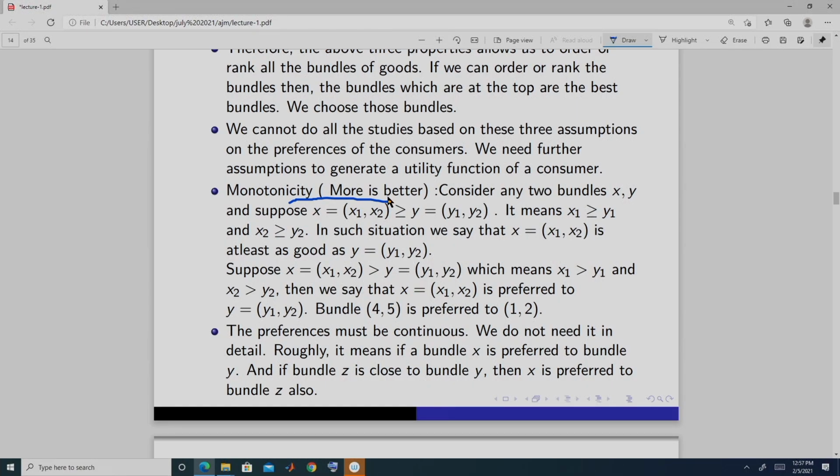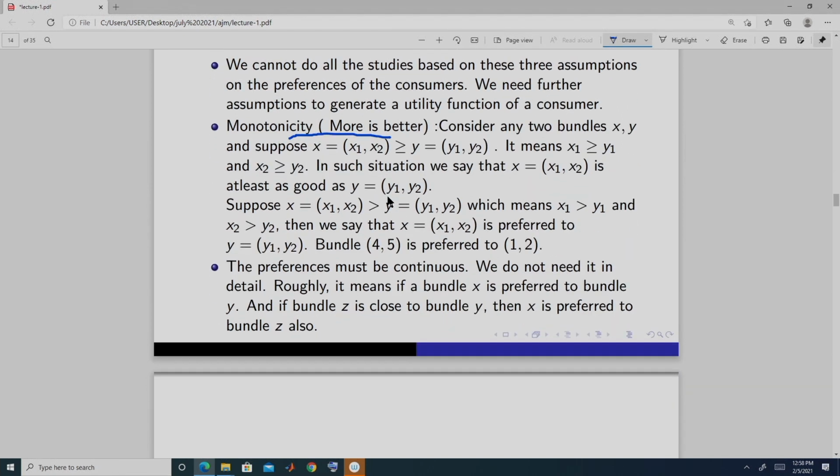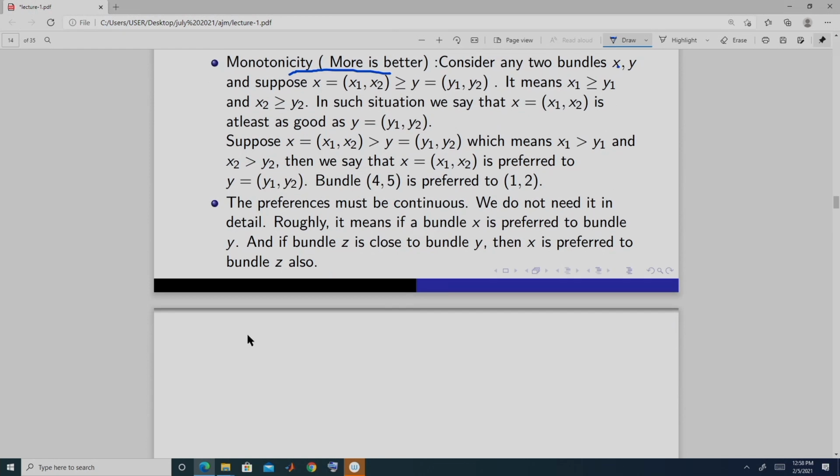This monotonicity assumption means that more is better. What does it mean? Suppose we are given a bundle x and a bundle y.